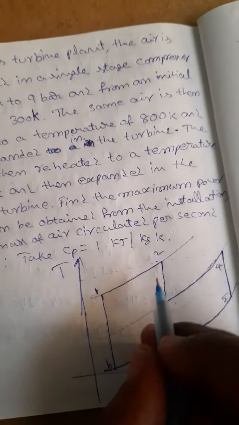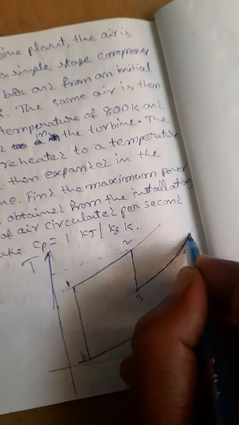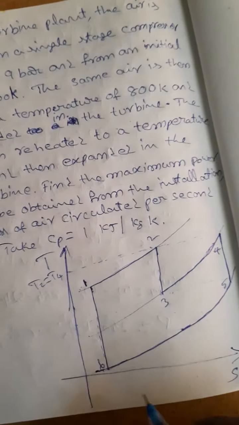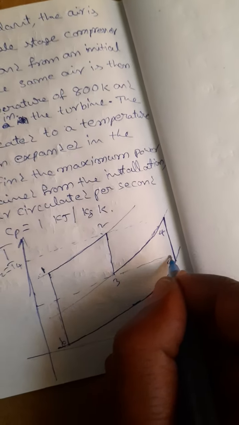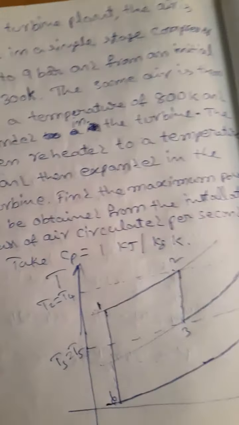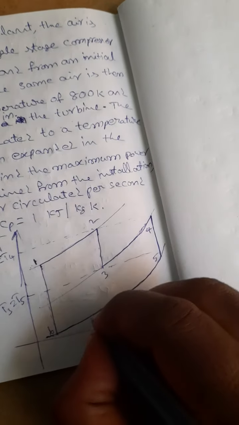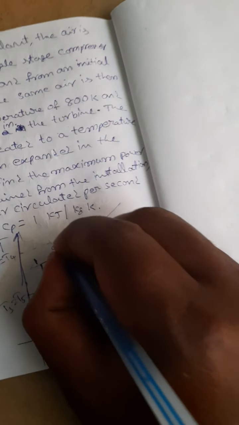So T2 equals to T4, T3 equals to T5. So he has given the initial pressure is 1 bar and 9 bar.